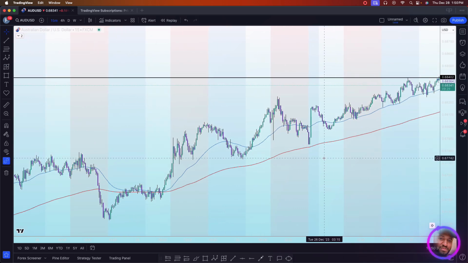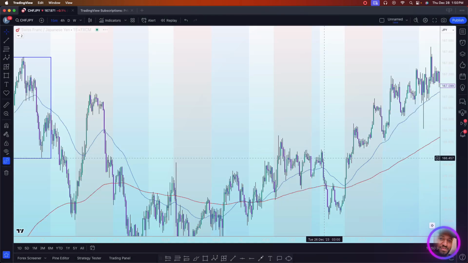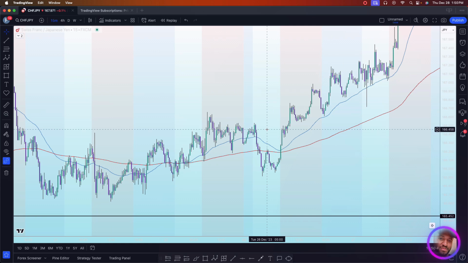Lastly, we'll check out the Swiss franc and the JPY. Took the trade around here. You can see that the Swiss franc was strong on this day. If you remember, we took USD CHF short, but we want USD to be weak and CHF to be strong.